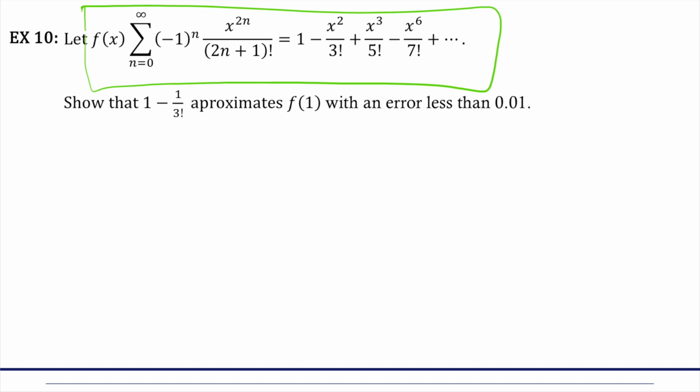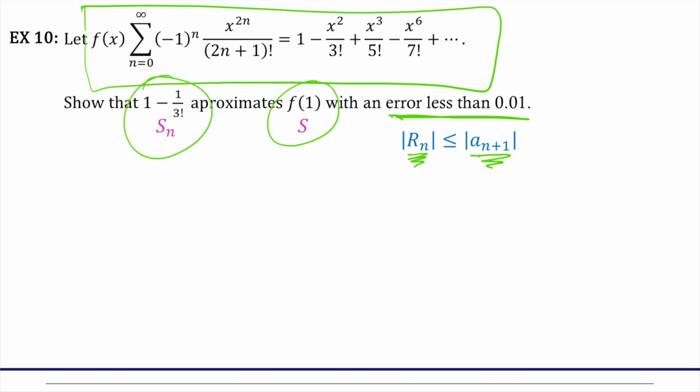Well, if we're working with an alternating series and we're curious about the error, then I know that the remainder is going to be less than or equal to the next term, or the first unused term. F of 1 is the actual sum of the series. 1 minus 1 over 3 factorial is a partial sum. But which partial sum is it?